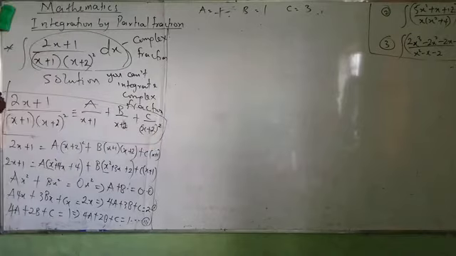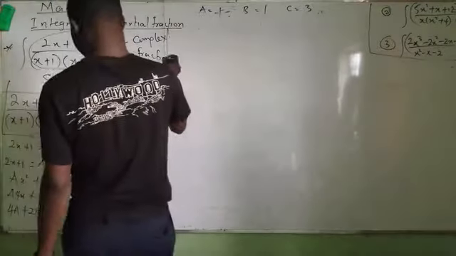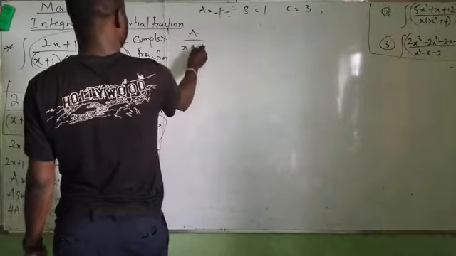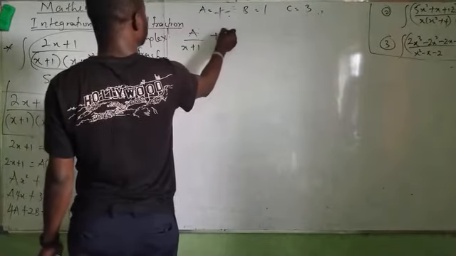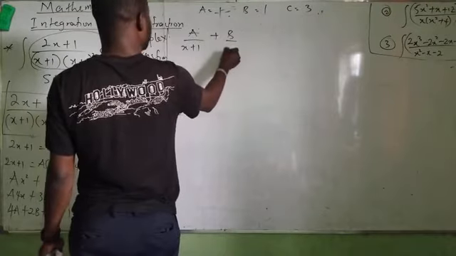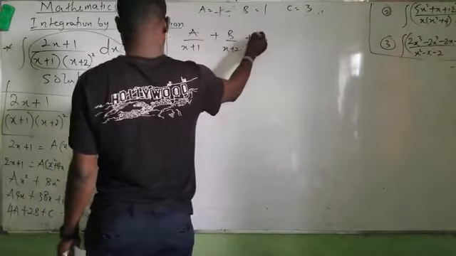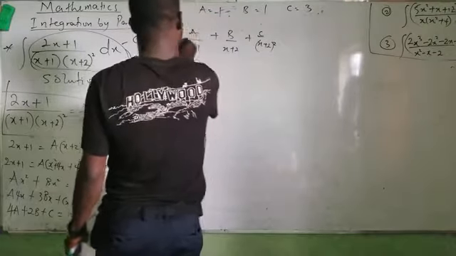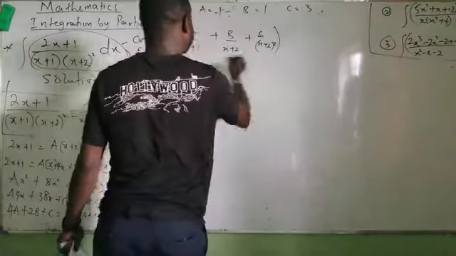Now, I will be having A all over x plus 1, plus B all over x plus 2, plus C all over x plus 2 squared. Now, at this point, I can integrate.